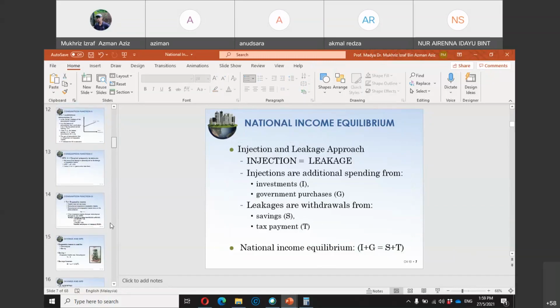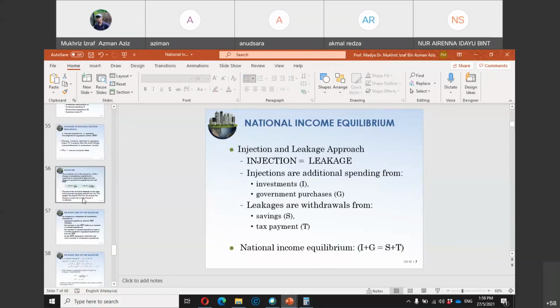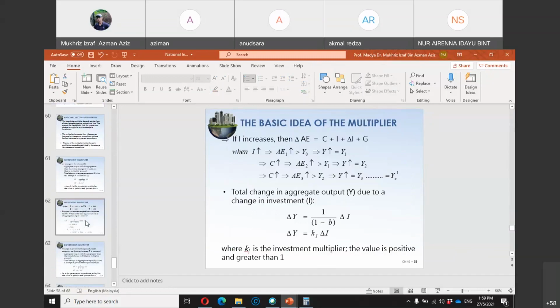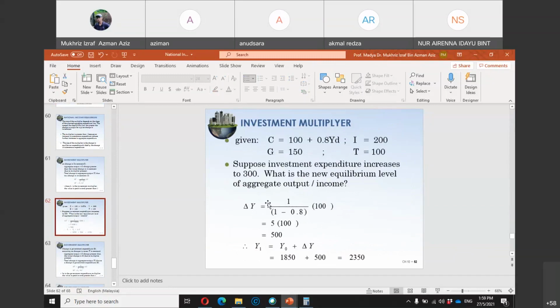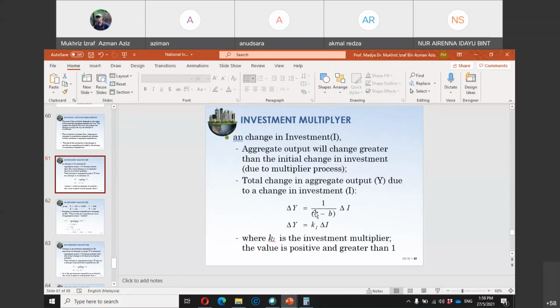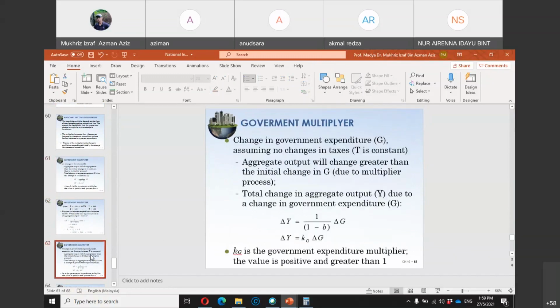So let's go back to the example here. Just now we looked at the investment multiplier, 1 over 1 minus B. This is the multiplier value multiplied by change in I. If you want to look at the government multiplier, the same approach, only change to change in G. So 1 over 1 minus B, or in other words, change in Y equals 1 divided by MPS.